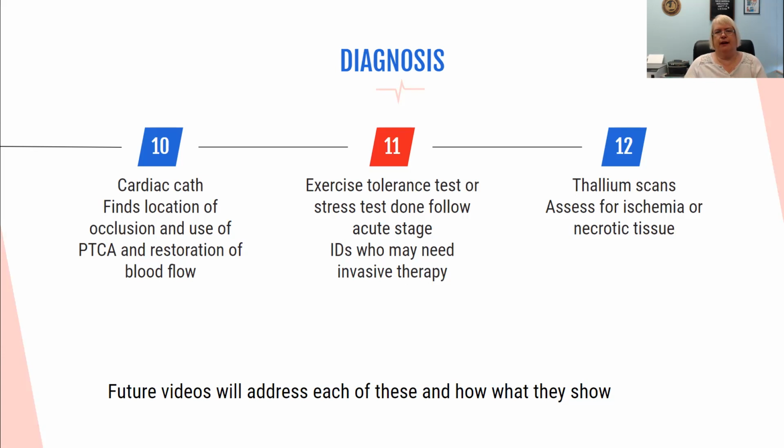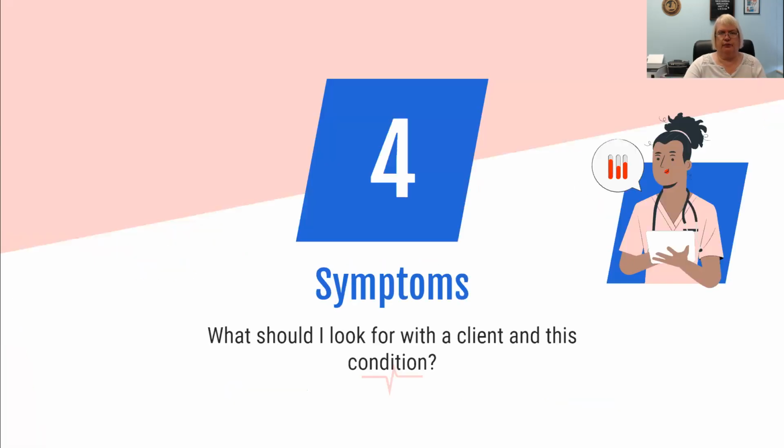The exercise tolerance test or stress test is done following the acute stage, and it IDs who may need more invasive therapy. And then the thallium scan assesses for ischemia or necrotic tissue. I'm planning on making future videos that will address each of these and what they show.